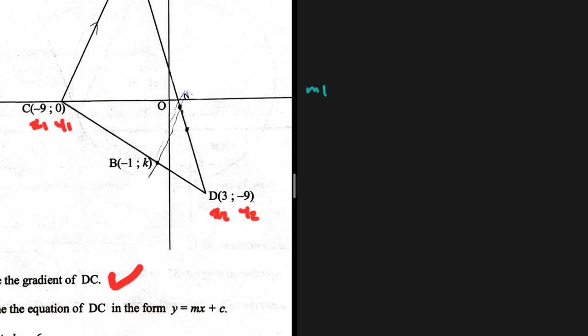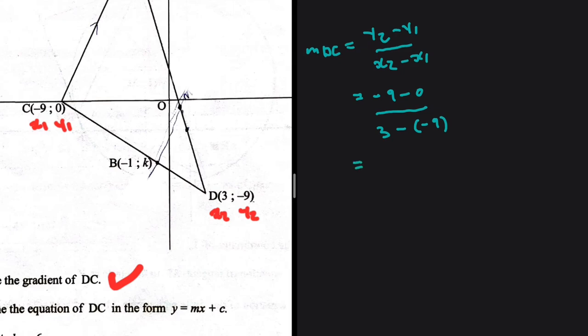The gradient of DC will be equal to y2 minus y1, everything divided by x2 minus x1. Sticking to the basics, right? So in our case, y2 is going to be minus 9 minus y1, which is 0, everything divided by x2, which is 3, minus x1, which is minus 9.